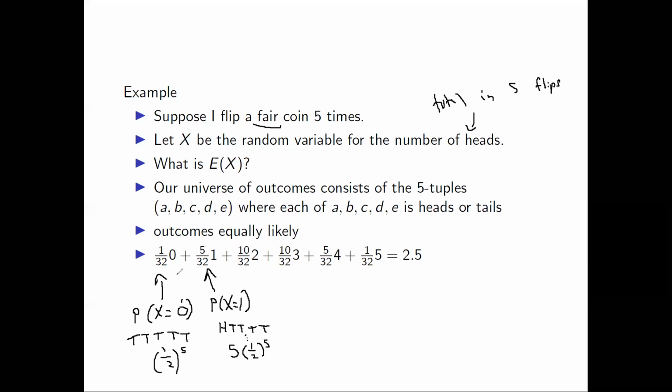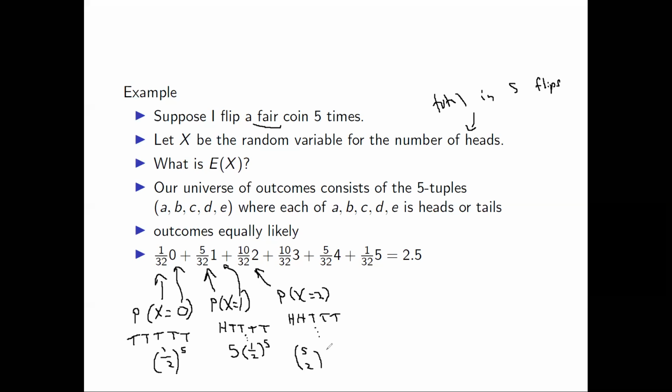So notice the 0 here, 0 there, 1 here, 1 here. Here, this 10 over 32, that's going to be the probability that X equals 2. So one of the sequences with X equals 2, 2 heads, is going to be HHTTT. And then we'll have a bunch of other sequences. We said we had a total of 10 sequences like that, which was 5 choose 2.